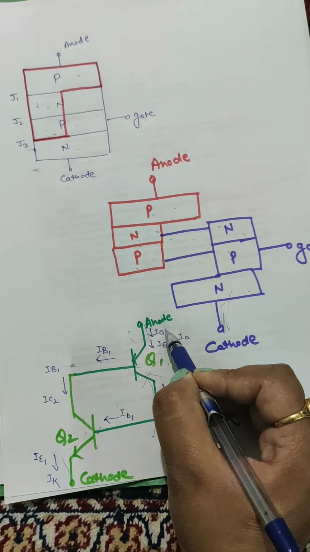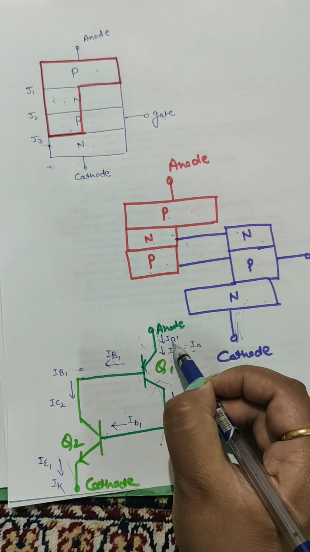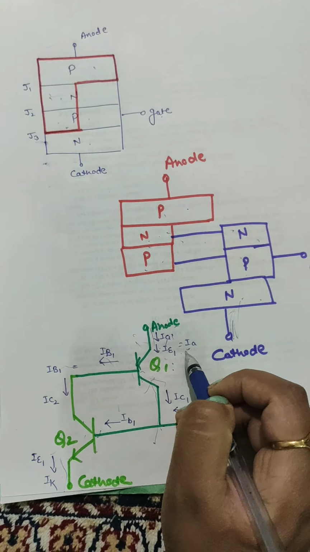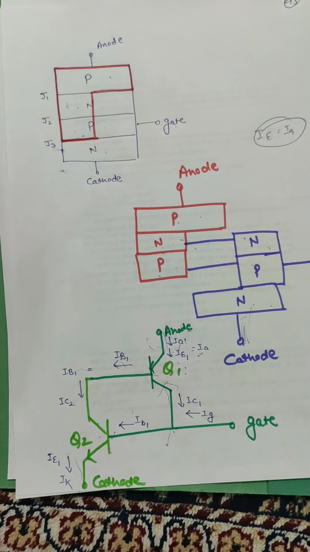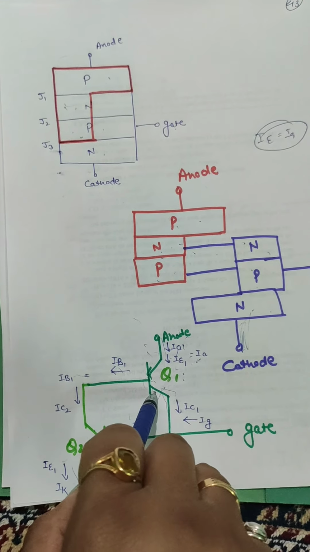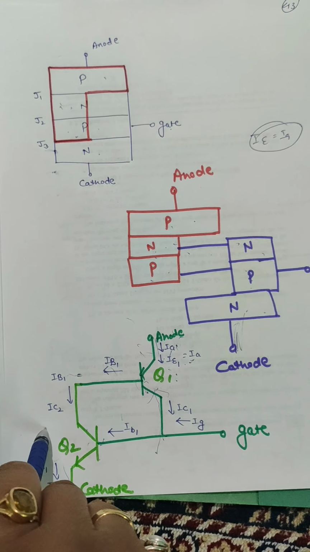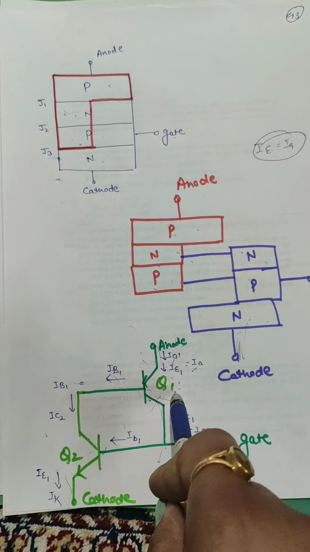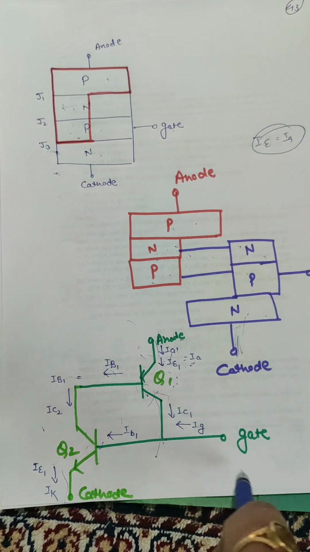The anode current, basically IE1, is IA. So IE1 is IA, the first base current is equal to the collector current of the second, and the first collector current is equal to the base current of the second, or we can say the gate current.